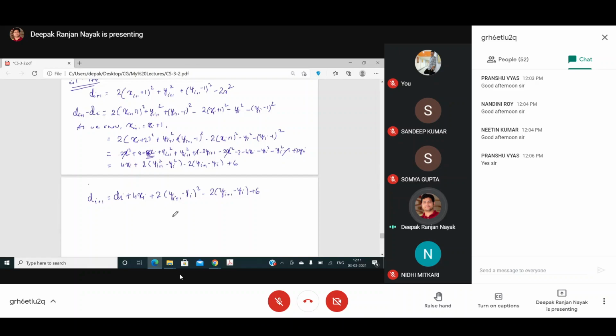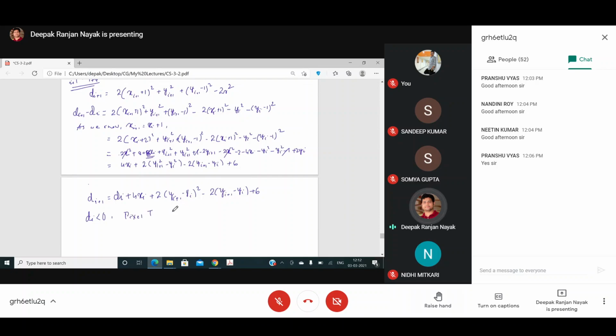Now we'll see the two cases. If the t pixel is chosen, of course at that time di is less than 0, and we know what the y value will be. So in case of di less than 0, we choose the t pixel.